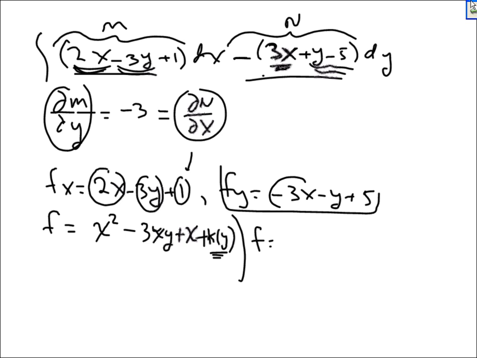Okay. Now we're using this rule. If the partial with respect to y just gave you a constant, then it must have been that constant times y. Minus. For the partial to be y, you must have started off with y squared over 2, plus 5y.